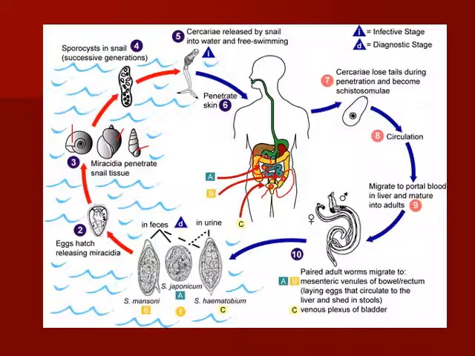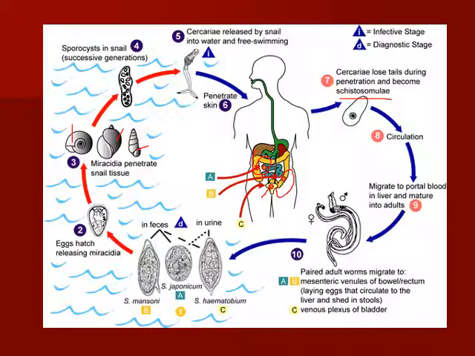The sporocyst forms inside the snail, and it gives cercariae, which are released by the snail into the water and swim freely till they penetrate the skin of humans. Inside the skin, they lose their tails and become schistosomula, as they are called.